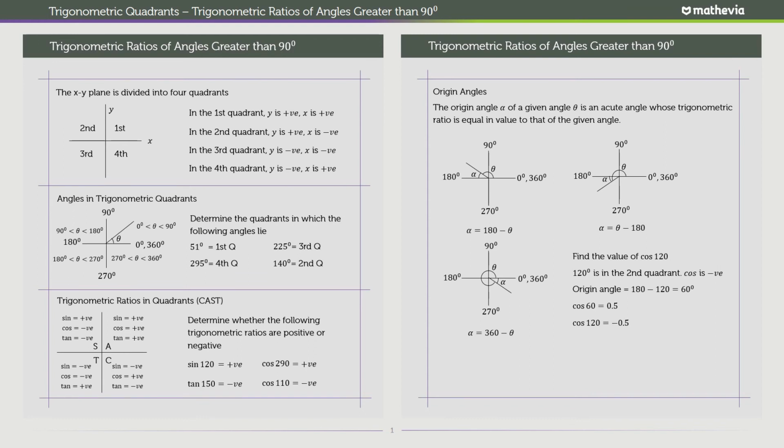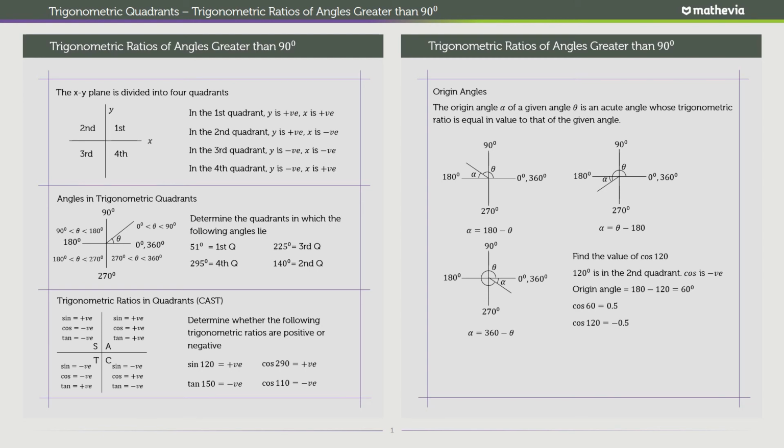To find it, we need the origin angle, and the origin angle in that quadrant is 180 minus your given angle. You get your origin angle, then find the cosine of your origin angle, which gives you the value. Cosine in the second quadrant is always negative, so we add a negative to that value. So cosine of 120 is minus 0.5.